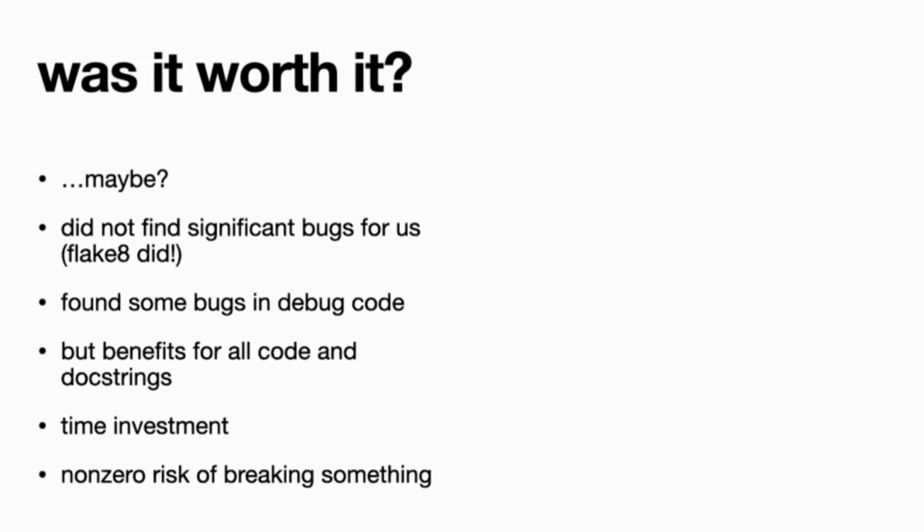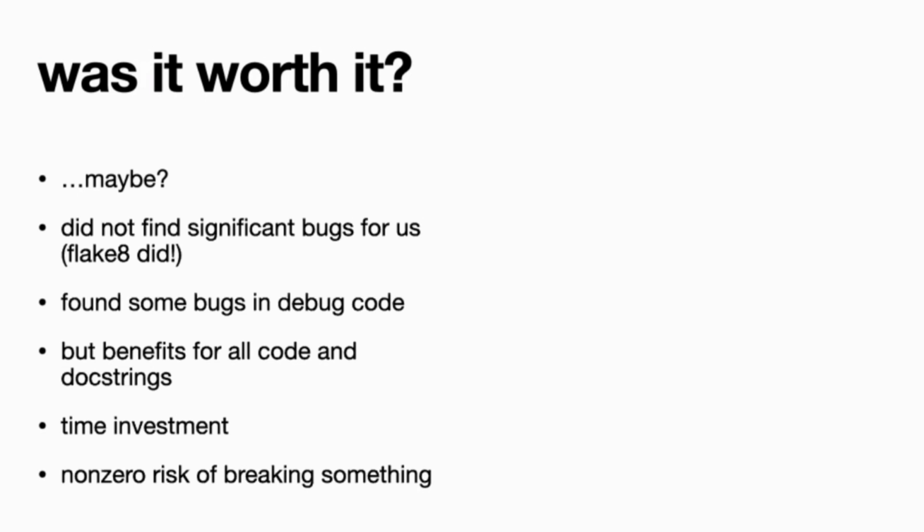And because I had to insert assertions in some places, and change one local variable into two local variables sometimes when it was two different types, you are actually changing your code. So there's a chance you could break something by adopting this static type checker that's supposed to make things more reliable. So all of this is, I don't know, iffy.